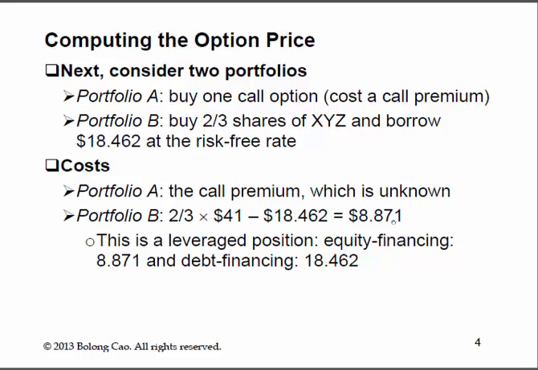Okay. So if you think about this 2/3 of one share as your asset, then this asset is financed by $8.87 equity and a $18.46 debt. Okay, that's where this portfolio comes from.